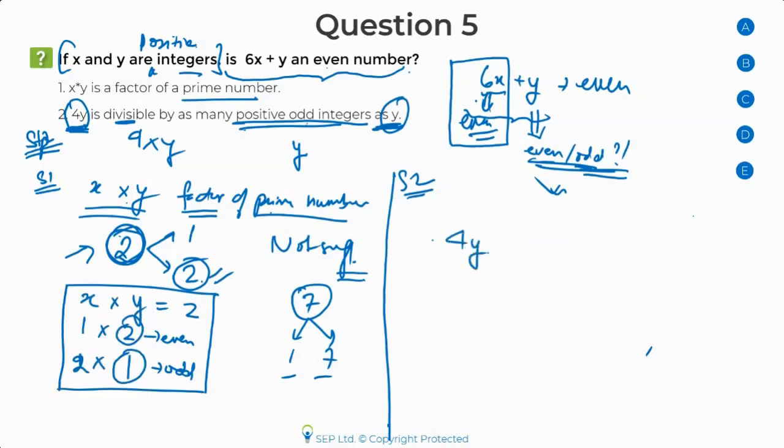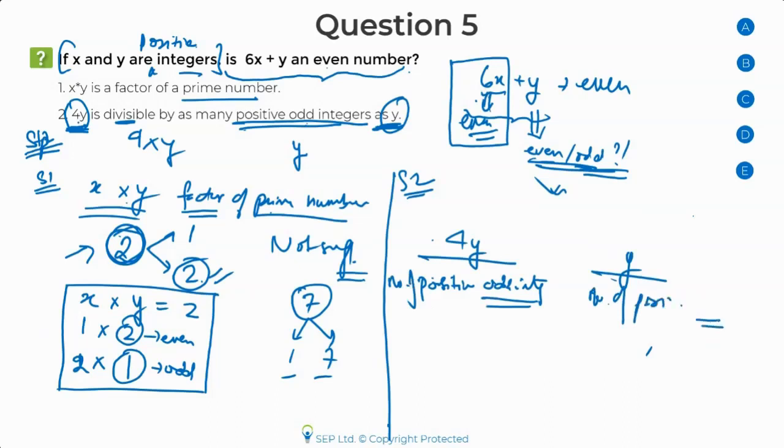They're saying 4y is divisible by as many positive odd integers as y. As many as means the same. So I hope this is clear now. The yes and no poll is still open. If you have understood this, kindly change your response. Say yes if it is clear.